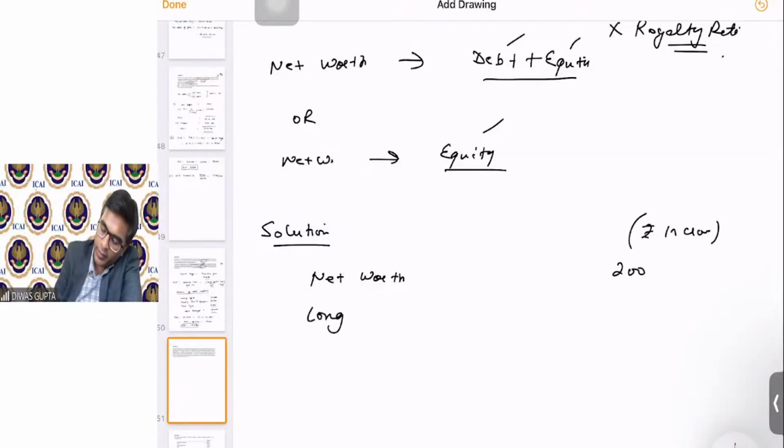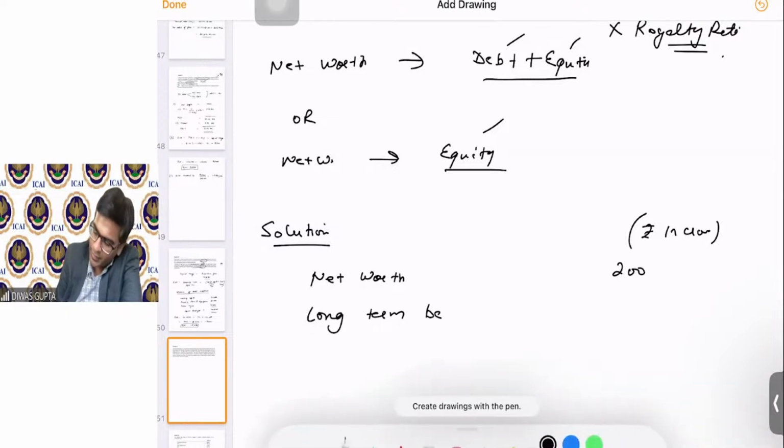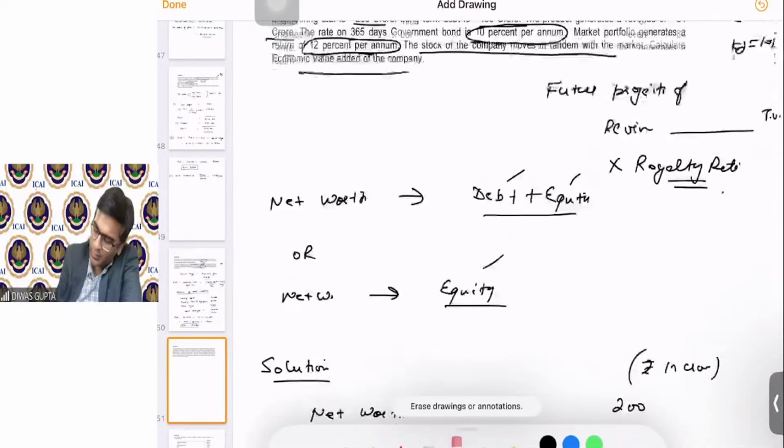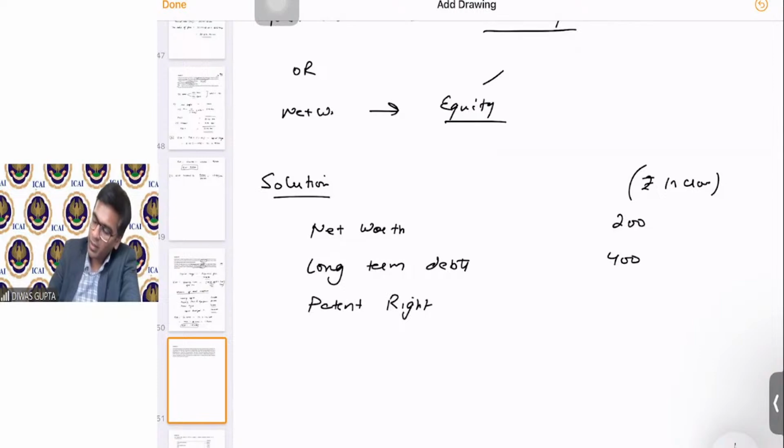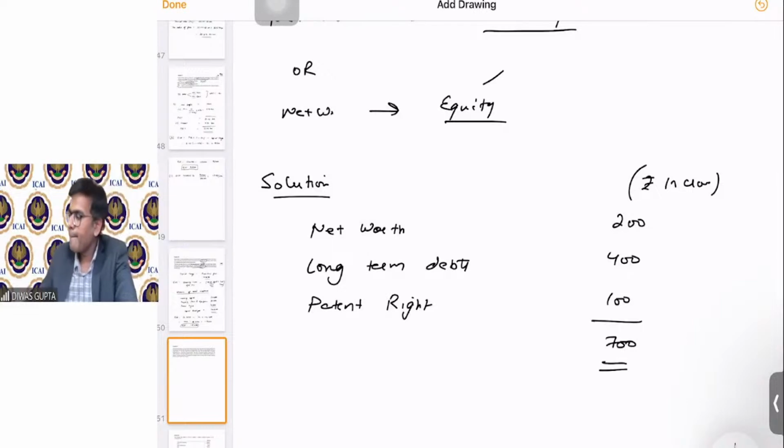Long term debts is how much? 400 crores. Then we also have patent rights, which were unrecorded. Those are 100. So 700. This is the total, students.